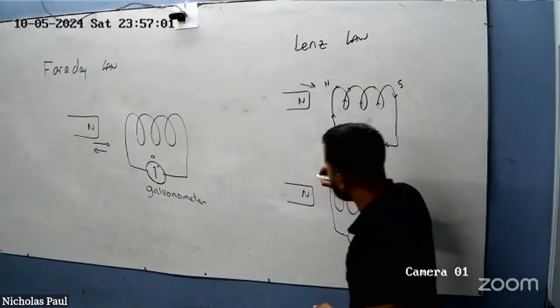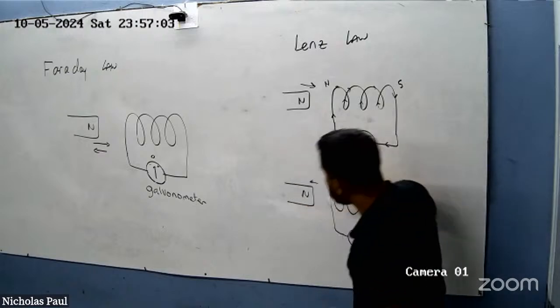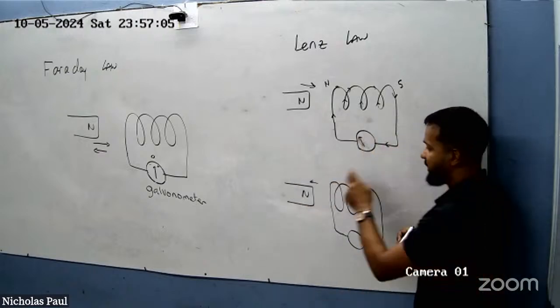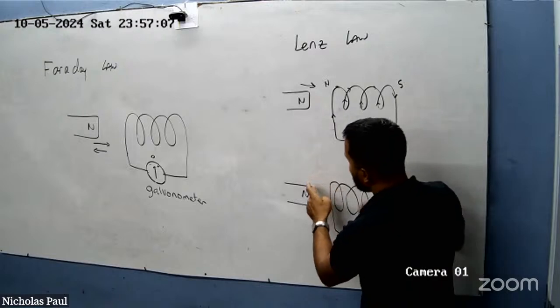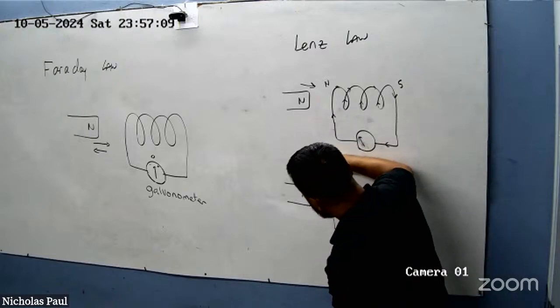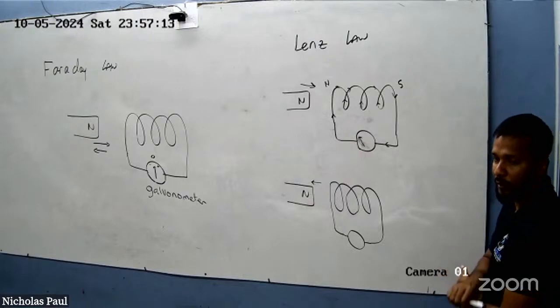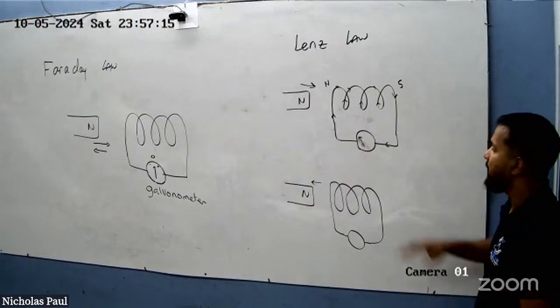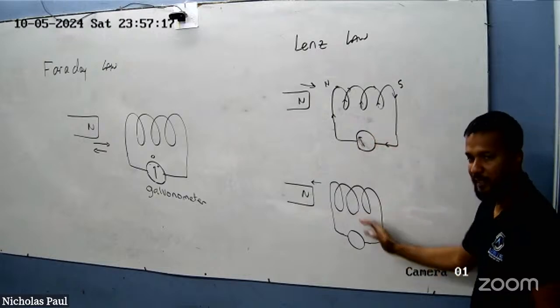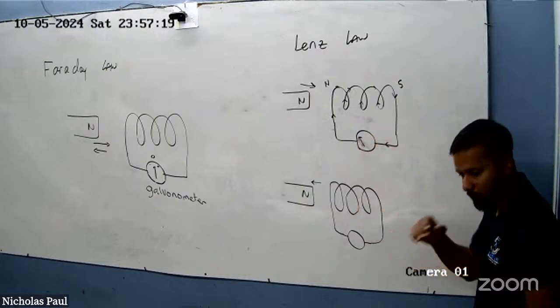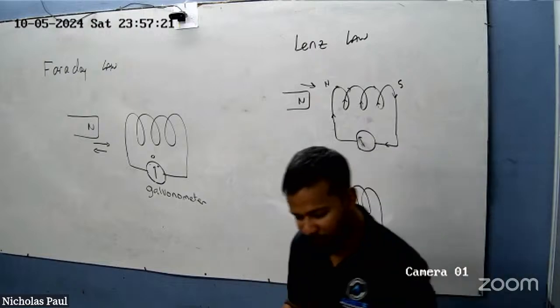So now, everything that you have learned, I want you to try to figure out what will happen here when the magnet moves outwards. See if we can figure out the direction of the current and the direction of the galvanometer. Don't just assume, I want you to figure it out and see if it makes sense.